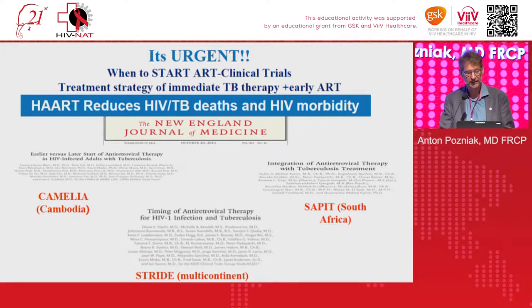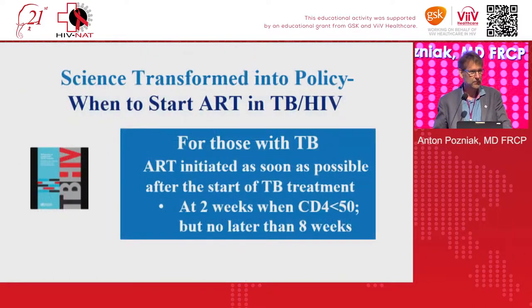Therefore, you should start antiretroviral therapy ASAP, at least within 8 weeks, and with a low CD4, 2 weeks. And what was great was the science, and this is what really drives a lot of this. Even though it might be obvious, now everybody thinks, oh, it's obvious you've got to treat people.